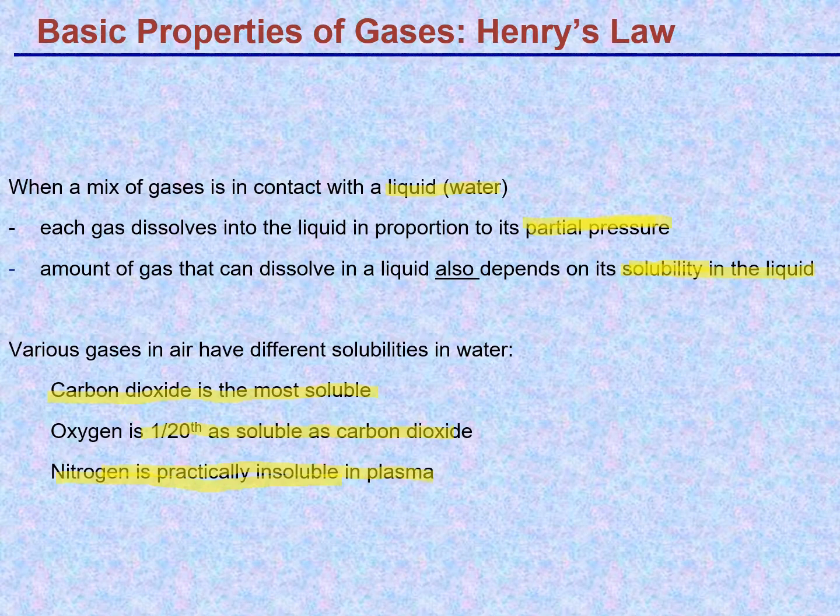It says in plasma, but we can call it water or plasma. So it's not going to diffuse across and be present within the blood plasma. So the key gases that are moving between the alveolar space and the blood one way or the other are carbon dioxide, CO2, and oxygen, O2.